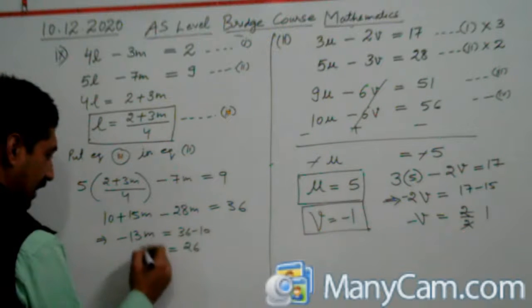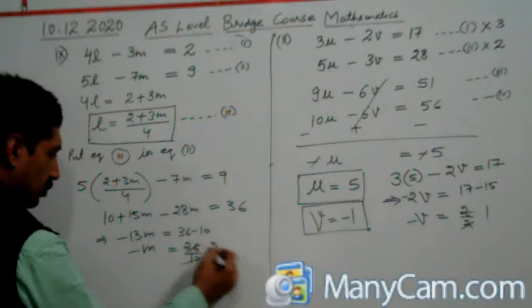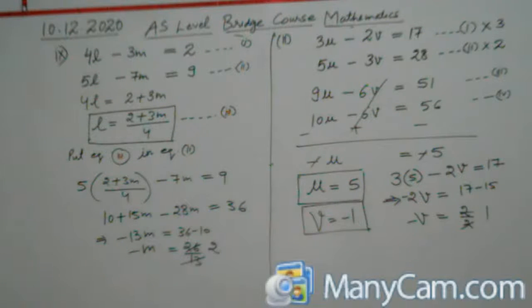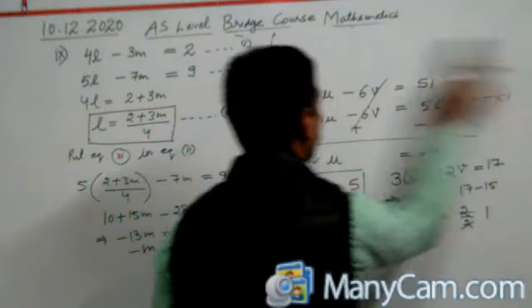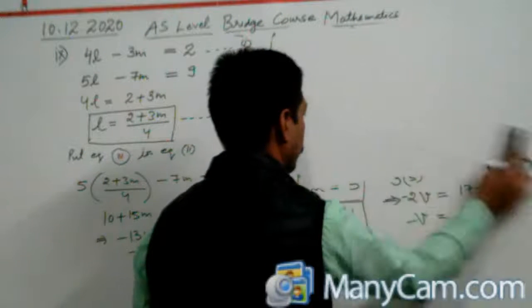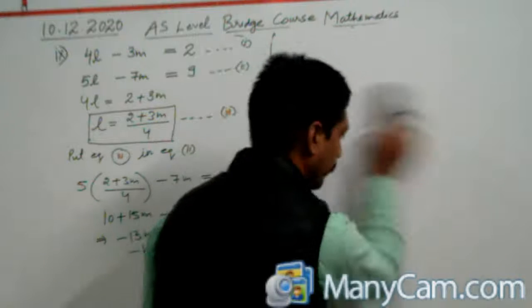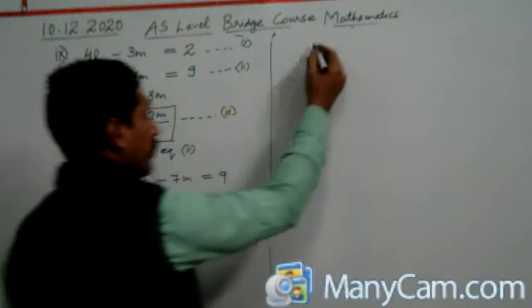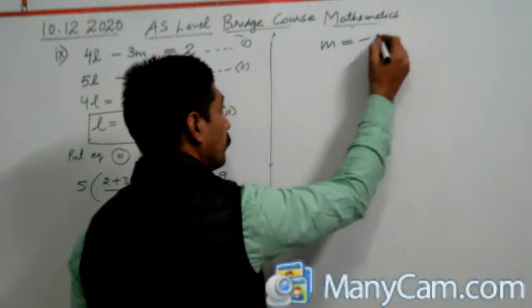So m is minus 2. So the value of m is equal to minus 2.